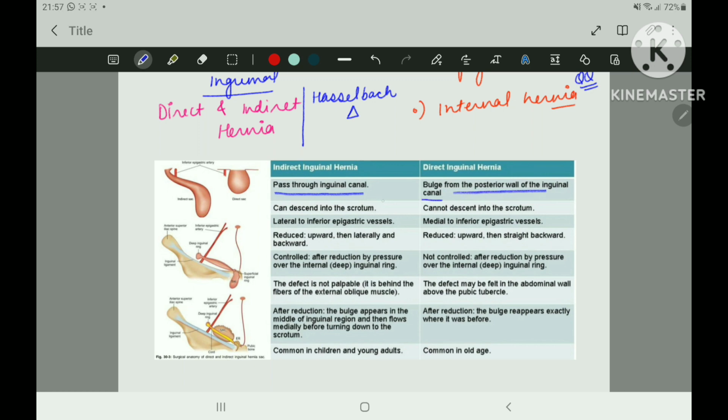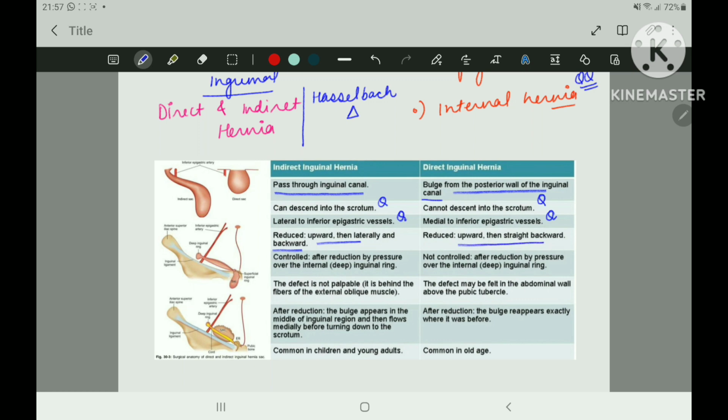So an indirect hernia can descend into the scrotum, but a direct inguinal hernia usually does not descend into the scrotum. Then we have already discussed that the indirect hernia is lateral to the inferior epigastric vessel and the direct hernia is medial to it. If we reduce an indirect hernia, it goes upward, then laterally, and then backward. But a direct inguinal hernia, on reducing, goes upwards and then straight backwards.